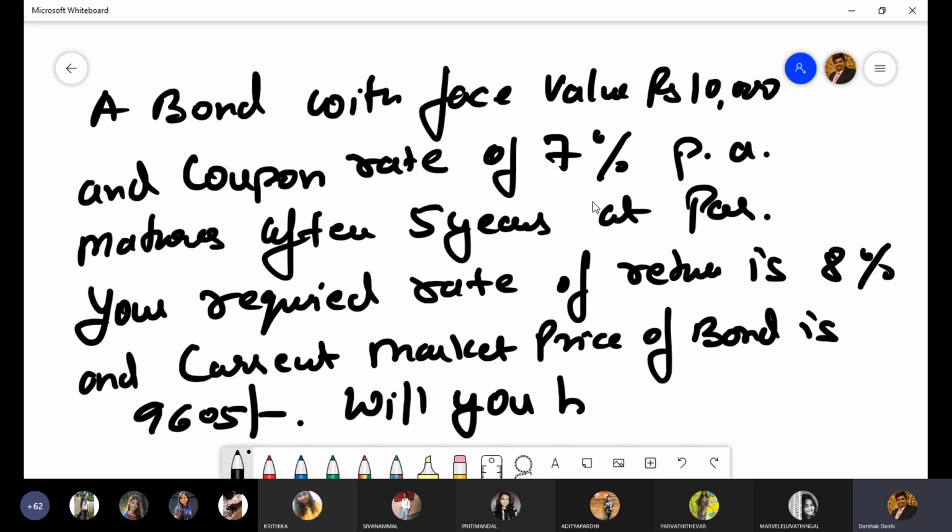Will you buy the bond? You all have 5 minutes from now. You need to tell me the bond value and whether you will buy or not. You have 5 minutes from now.